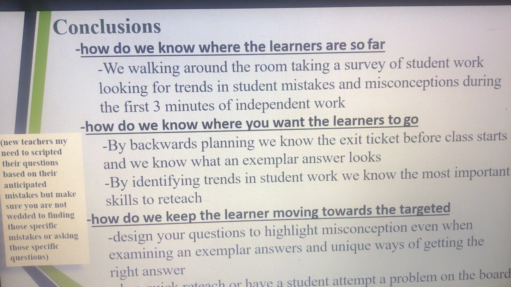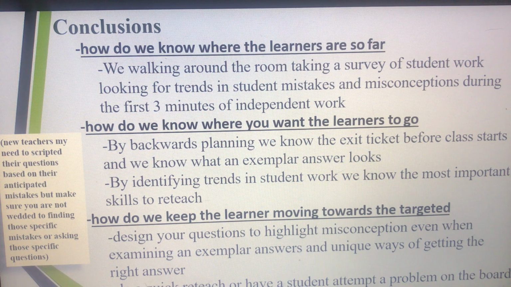And then how do we keep learners moving towards their target? I think the first piece of this is so much easier for teachers with more experience, but just the way you ask questions and what questions you ask should be pushing students towards that target, right?